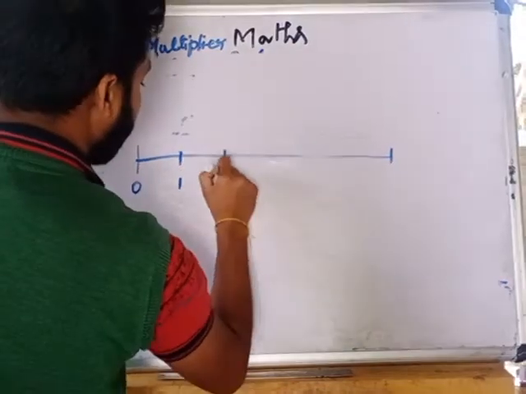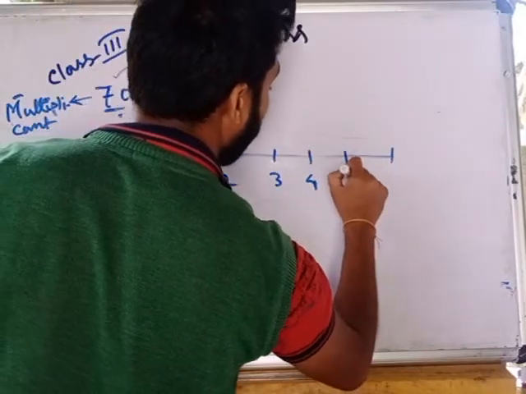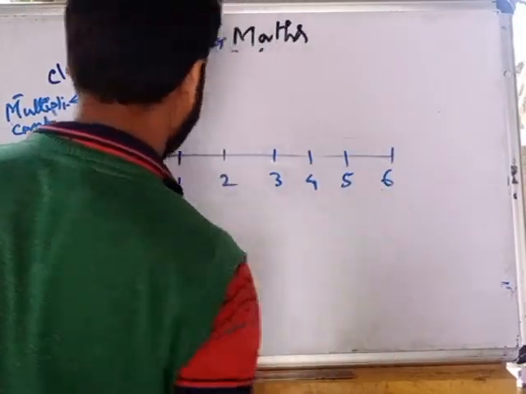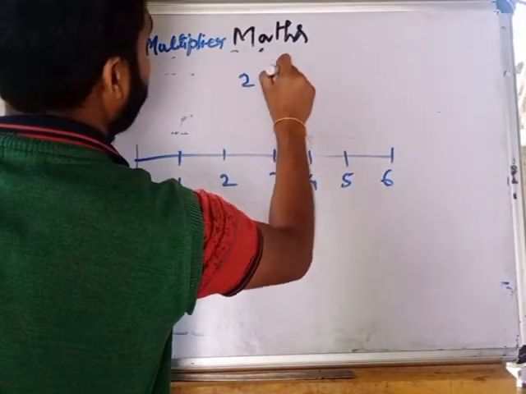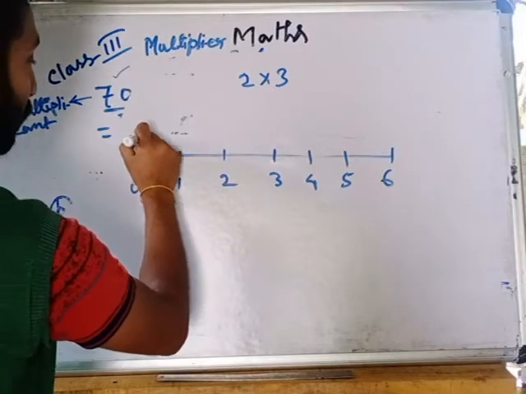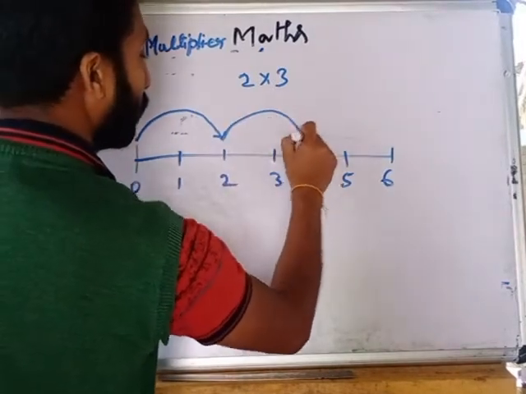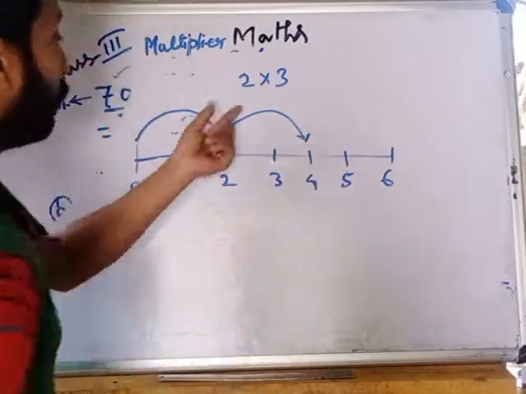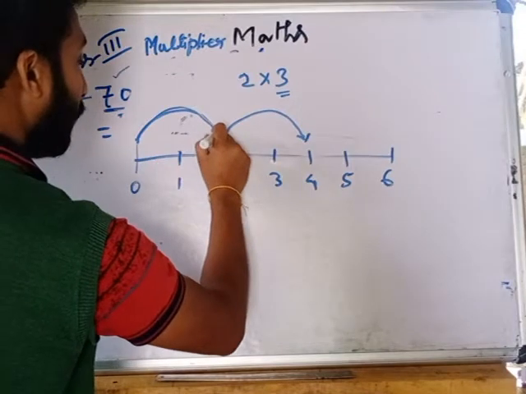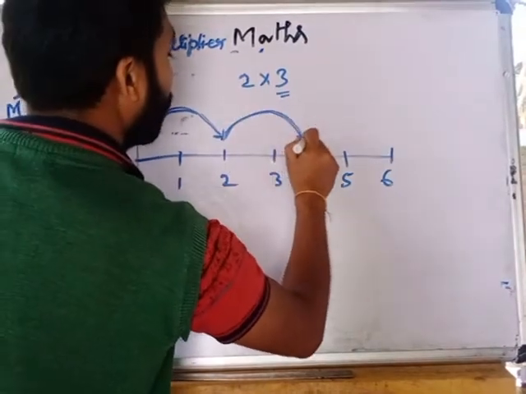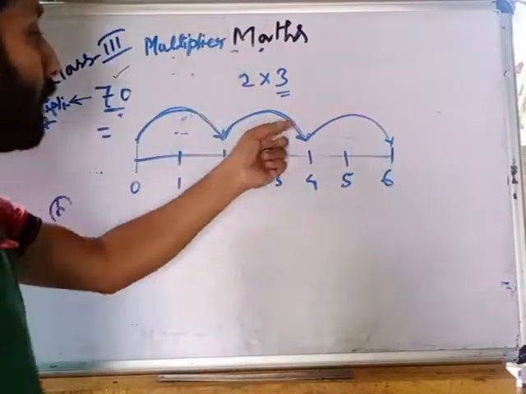Suppose it is 1, 2, 3, 4, 5 and 6. If we multiply 2 with 3, that means 2 how many times? 3 times. That means 1 time, 2 times and 3 times, or first time, second time and third time.